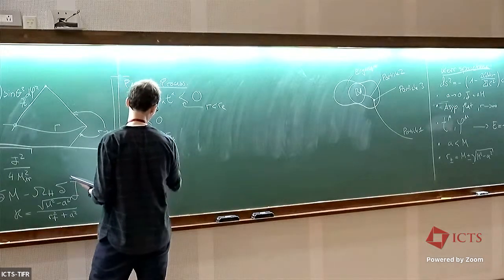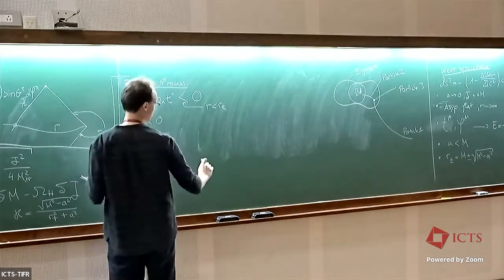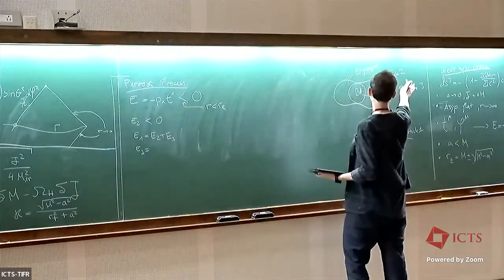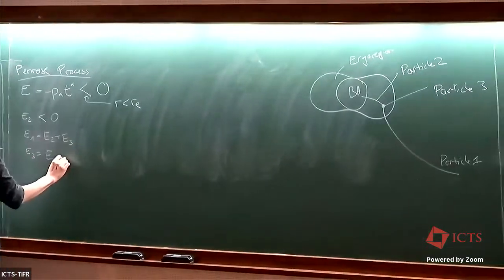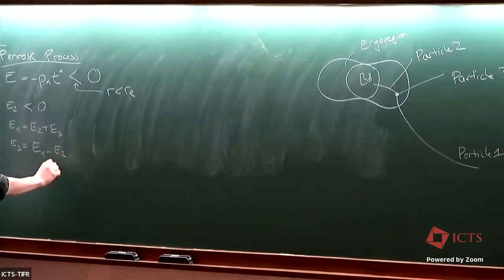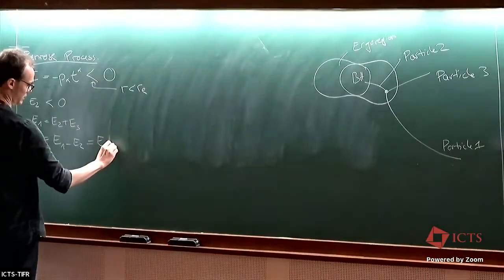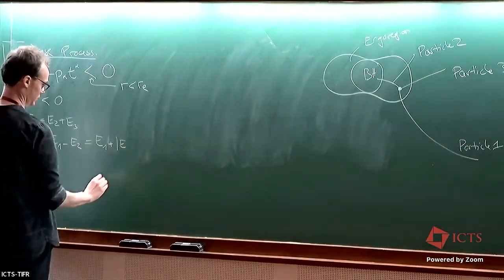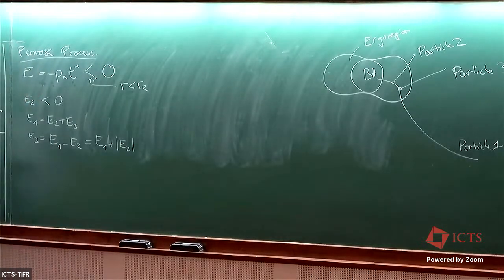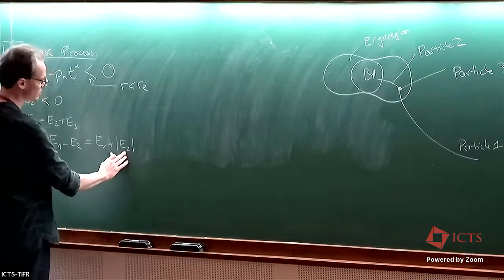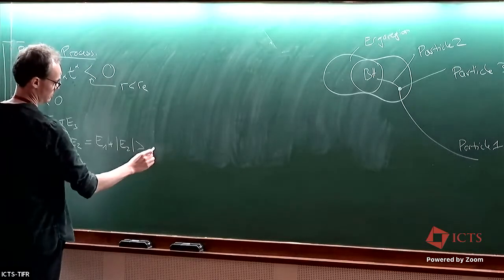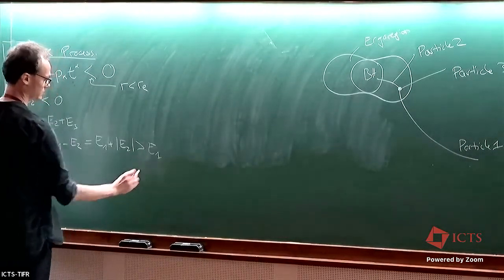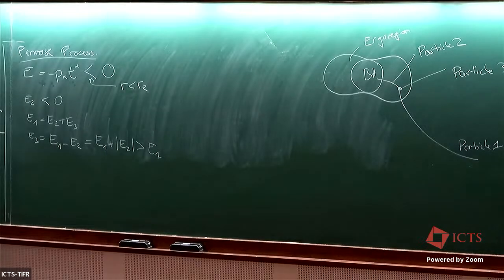Or equivalently, the energy of the particle that goes out is E1 minus E2, but E2 is negative, so E1 plus the absolute value of E2. And so as long as E2 is strictly negative, so not 0, this is larger than E1. Okay?